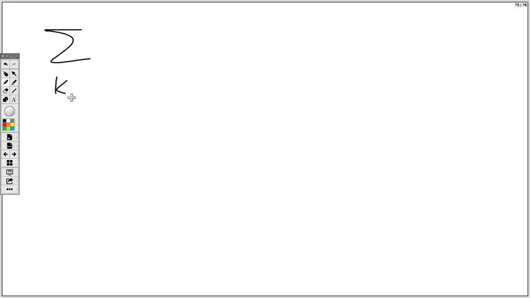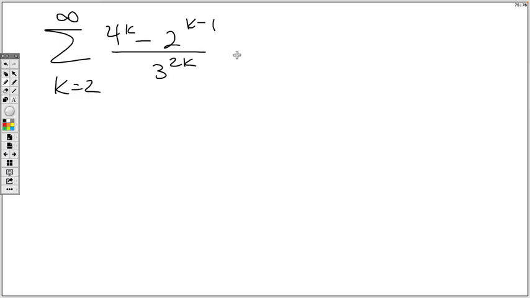So the original sum that they started me with, the sum k goes from 2 to infinity of 4 to the k minus 2 to the k minus 1 over 3 to the 2k.